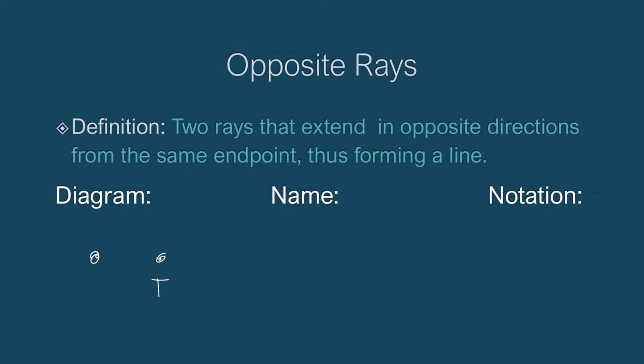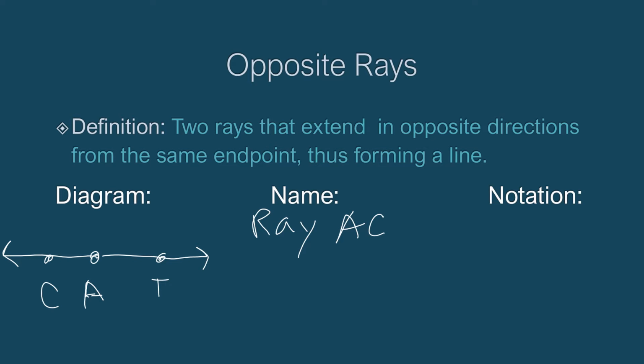If we had A here and C here, our endpoint is going to be A. So that means this one extends to the left, and then this one extends to the right. So you have ray AC, and you also have ray AT.